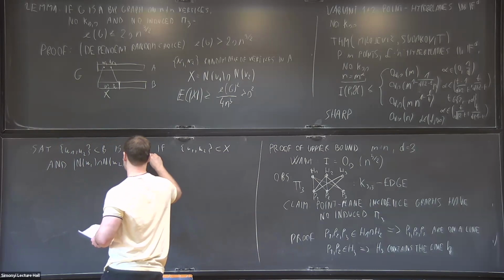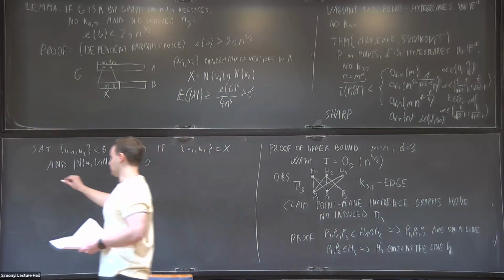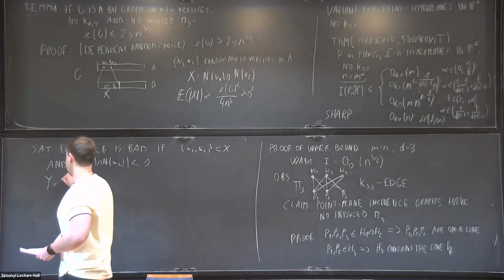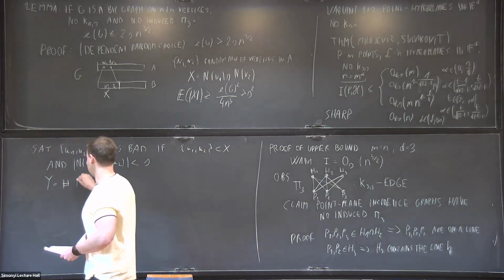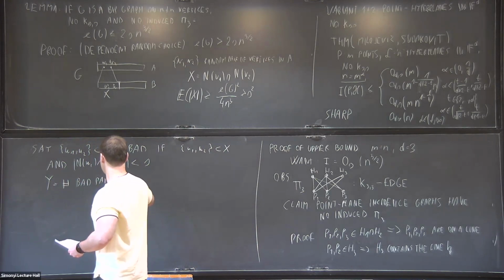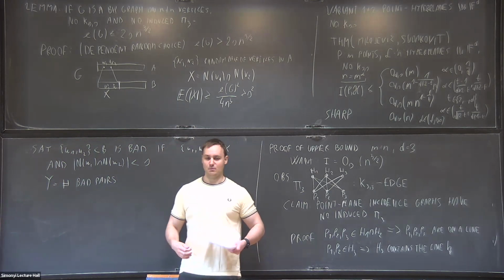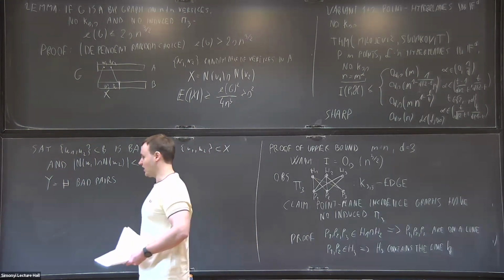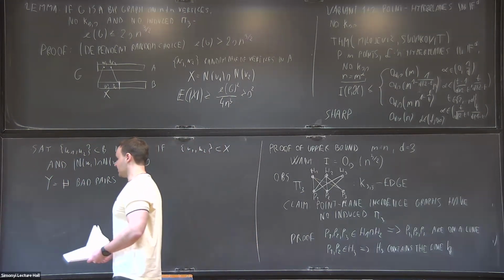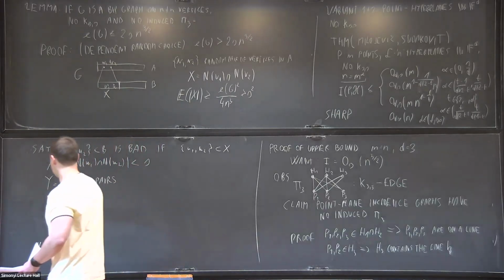Just S. And let me introduce a random variable Y which counts the number of bad pairs. And here comes the meat of the argument: we can find a very nice bound on the expectation of Y.